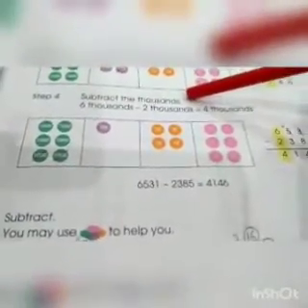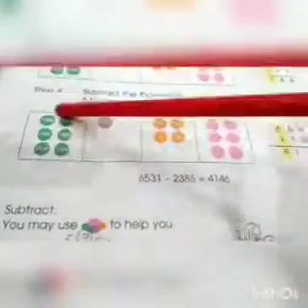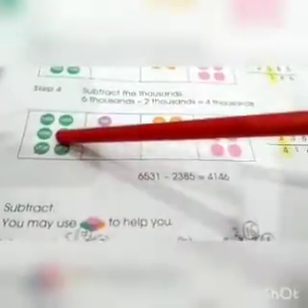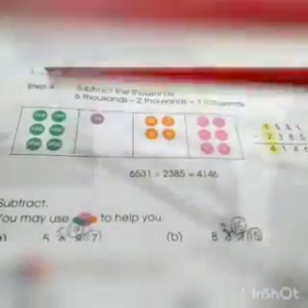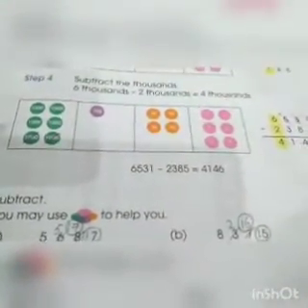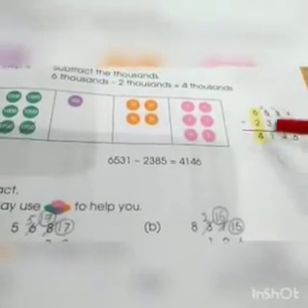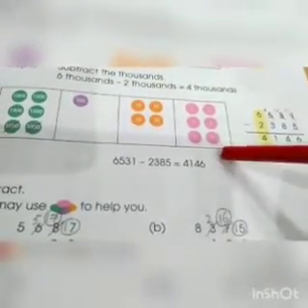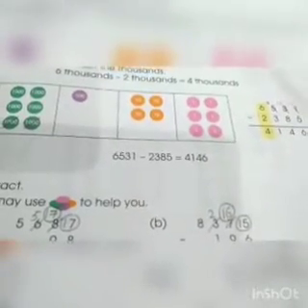Subtract the thousands. You can see in the thousands column there are 6 thousands, 6 sections of thousands. When we cross 2 sections, we have 4 sections left. Now we have 4,000. The answer is 4,146.